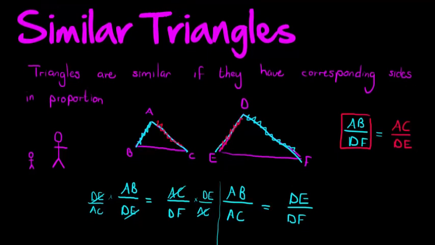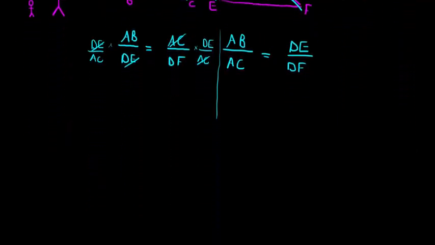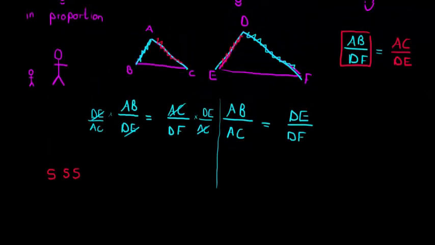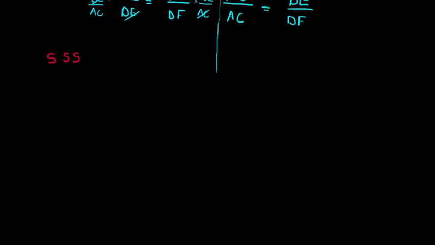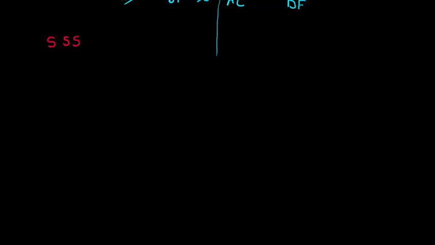Similar triangles, as I said, is almost like congruent triangles, but with congruent triangles it was when we had three sides equal. This time it's similar if they are in proportion. But to prove similarity, to show that two triangles are similar, we can just show that they have three angles in common.